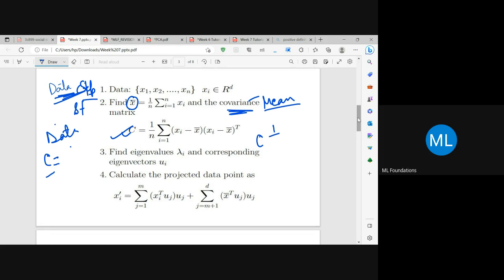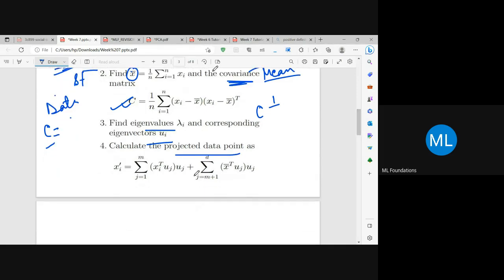To solve this type of problem, the eigenvalues and the eigenvectors are some other steps, and then the projection of the data. Okay, so you have a doubt, I guess, somewhere here. I guess in the tutorial it is written like this, the first step. That is not correct, because you need to take the other steps into consideration also. What you are doing is taking the projection of the data on the vector that you are taking.